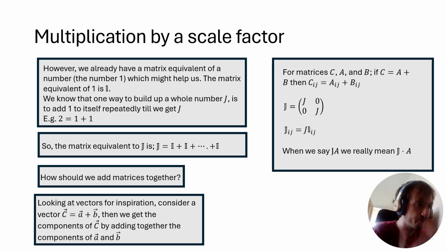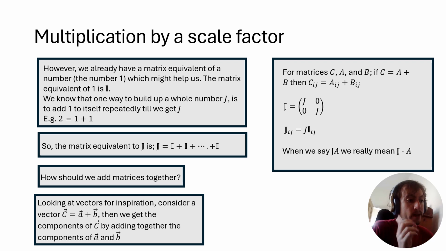But to put what we said formally, if we have a matrix C, then Cij, the component of C that is in the ith row and jth column, is given by adding Aij and Bij together.